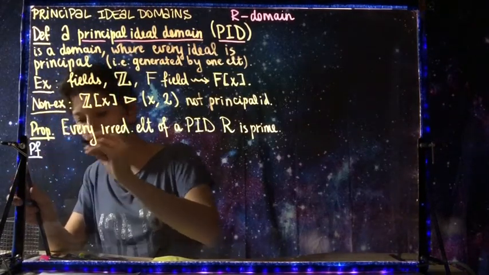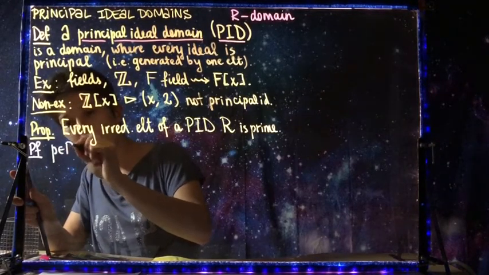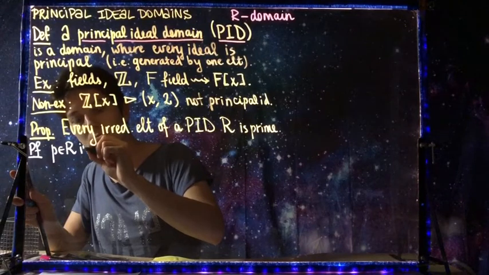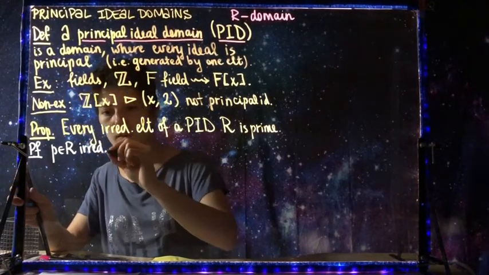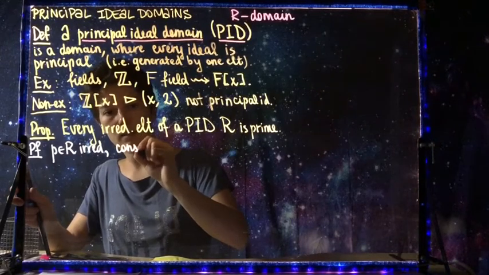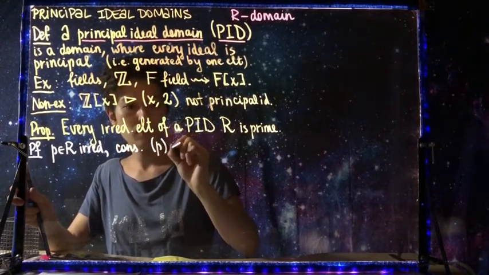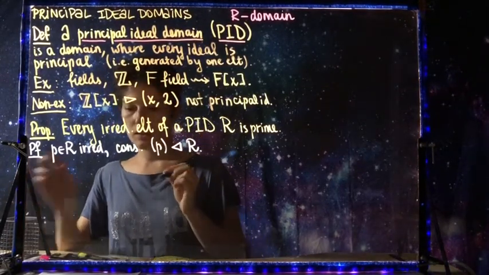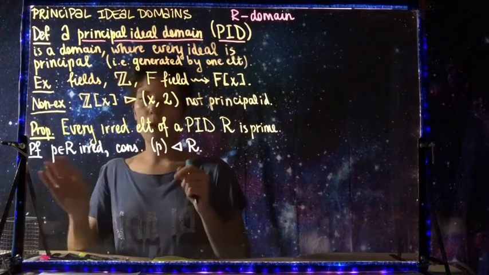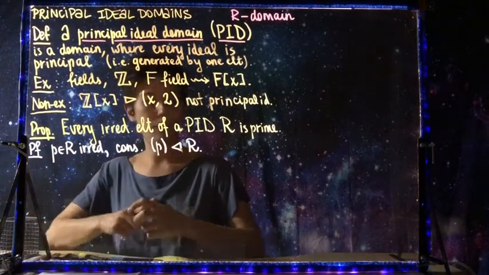For the proof, assume that P in R is an irreducible element, and consider the ideal generated by P inside R. So we want to prove that this ideal is prime.